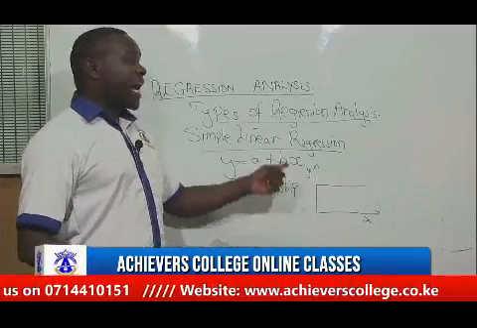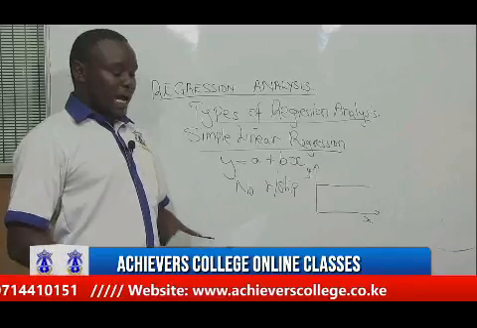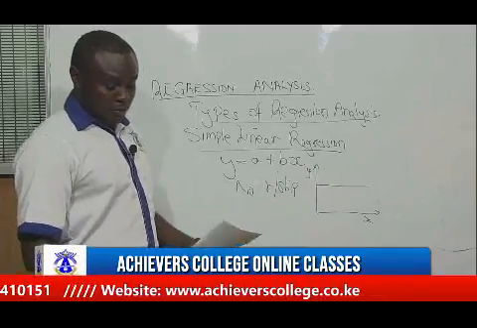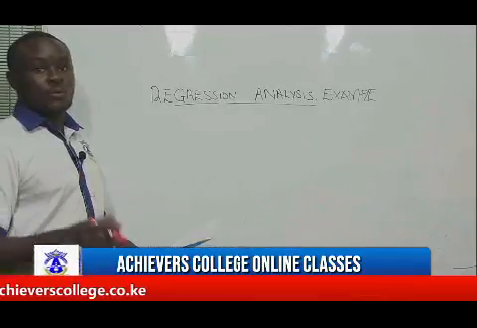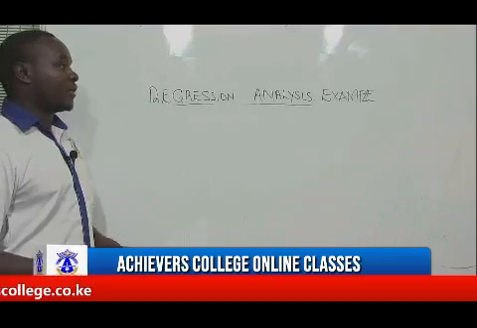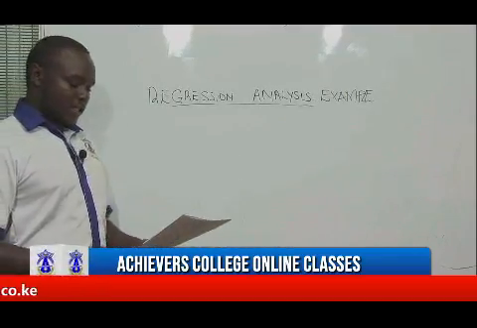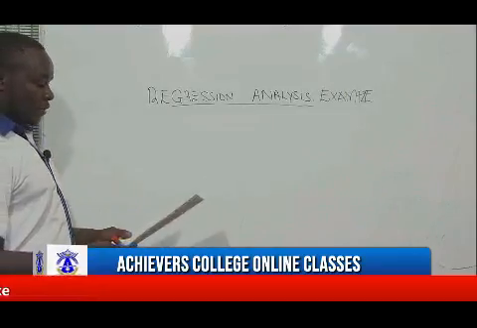So those are the three forms it can take. I want to tackle an example, an illustration, so that you can get to see some of the realities we are talking about here.